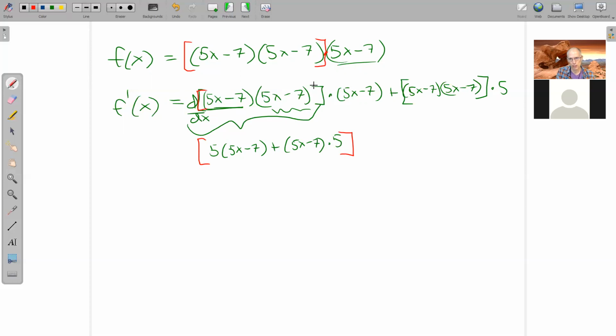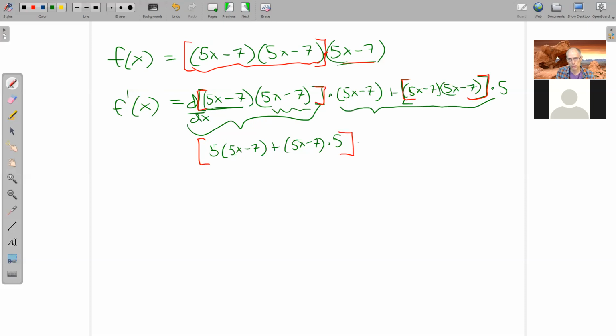So just a reminder what I'm doing here. I just claimed that this was one piece and that's the other piece. And now I've just taken its derivative and I got to bring this other stuff back in. So now I got to take this stuff and bring it down.